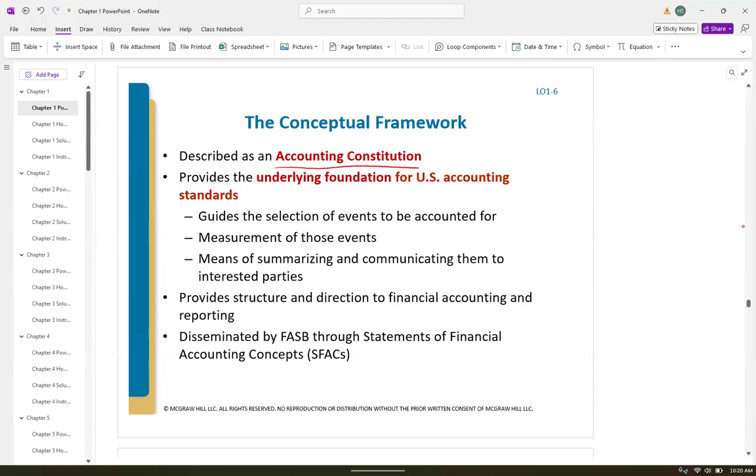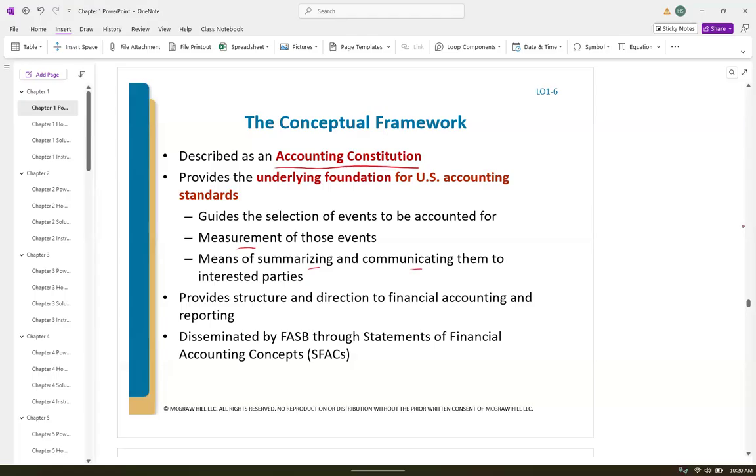Things that are happening today, it still applies. So this provides an underlying foundation for U.S. accounting standards. It guides the selection of events to be accounted for, the measurement of those, and the means of summarizing and communicating them to interested parties. Okay. Gives us some structure.